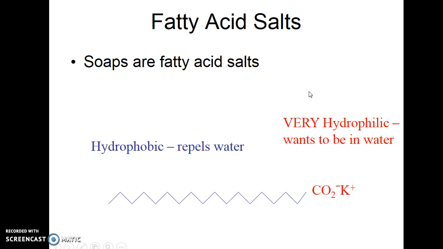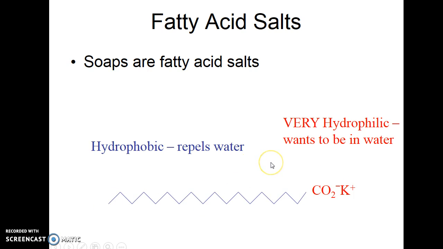Now, we've been talking about carboxylic acids. There's a special set of carboxylic acids that are long chain, and we call those fatty acids. When we react a fatty acid with a base, we make a fatty acid salt, and that is called a soap. This part is very hydrophilic and wants to be in water, and this part repels water.